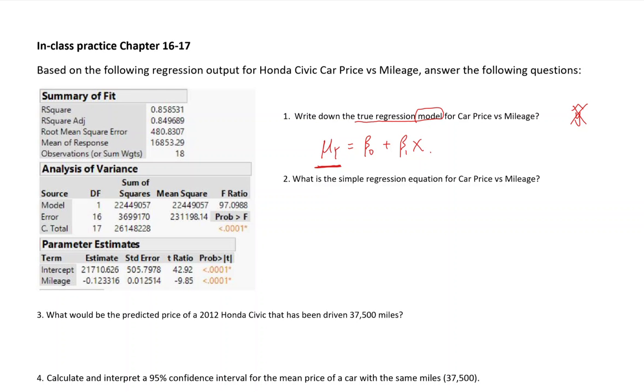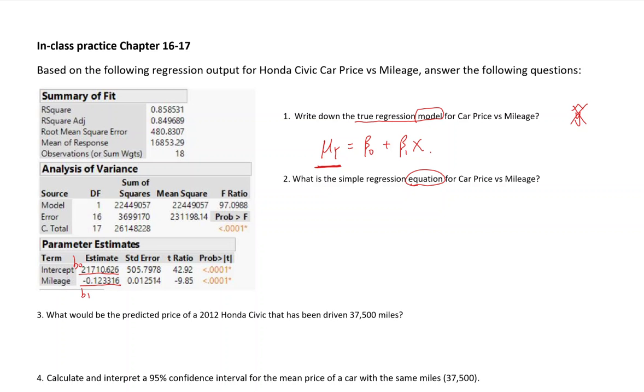Next question. What is the simple regression equation for the car price and mileage? Now I'm asking about the equation. That means this equation is from the sample. So this is the output based on the sample, and you have the parameter estimate table. This is B0, this is B1.